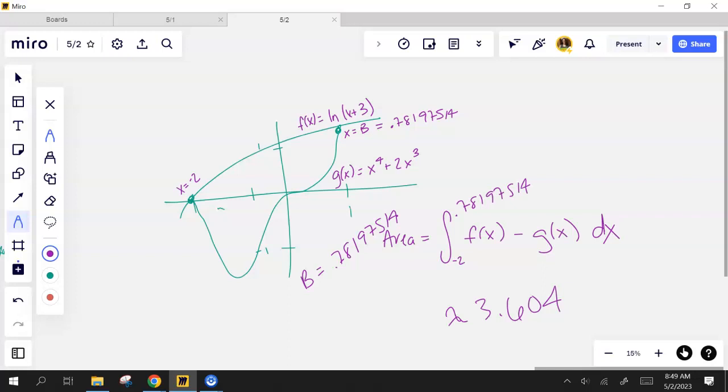One point for the integrand, 1 point for the limits of integration, your bounds, and 1 point for the answer. That was 3 points. It's a pretty easy 3-pointer. I don't know what they were talking about last year. It's pretty easy. No wonder everybody passed. Huh. Maybe so.